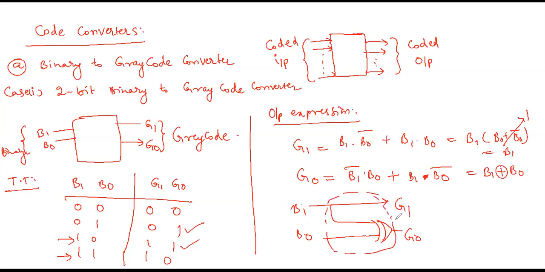This is the 2-bit binary to gray code converter, and you try the 3-bit binary to gray code converter at home.